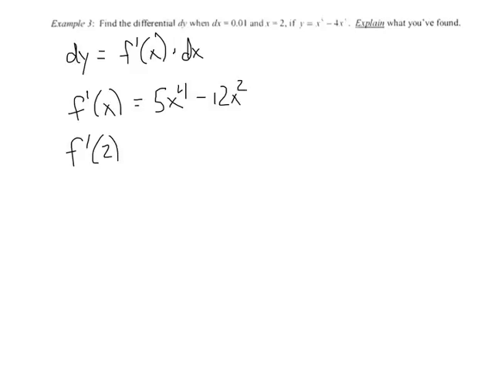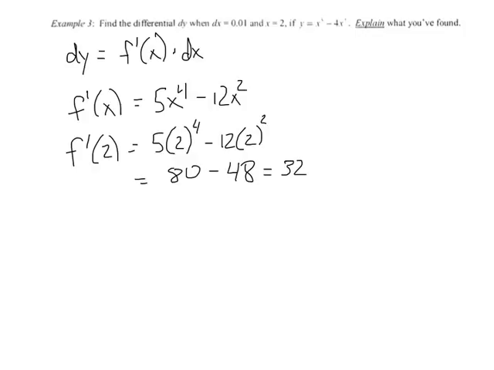So f prime of 2 would equal 5 times 2 to the fourth minus 12 times 2 squared. 2 to the fourth is 16. 16 times 5 is 80. 2 squared is 4, that would give me 48. So in the end I would have 32 as my answer for the derivative at 2.